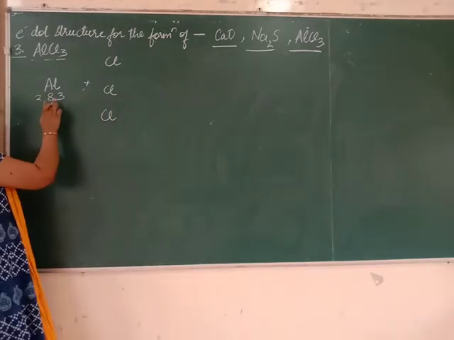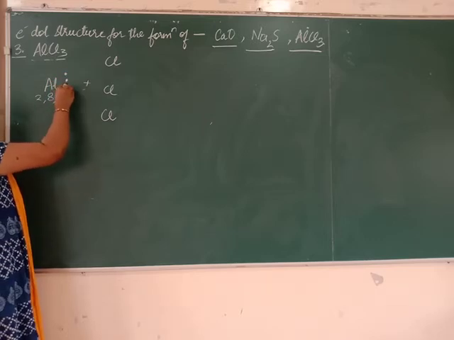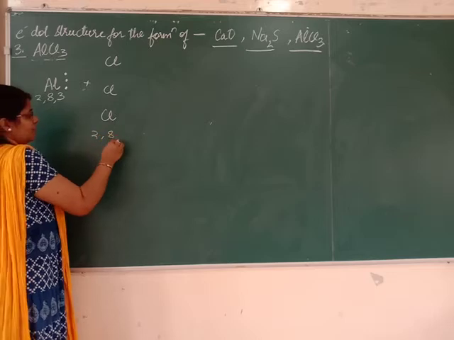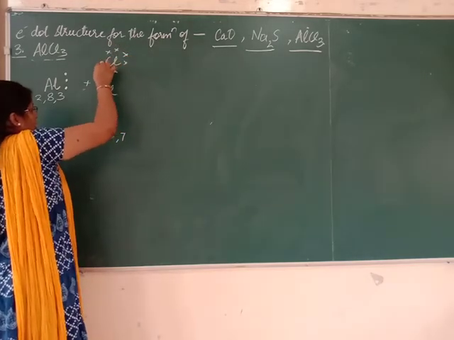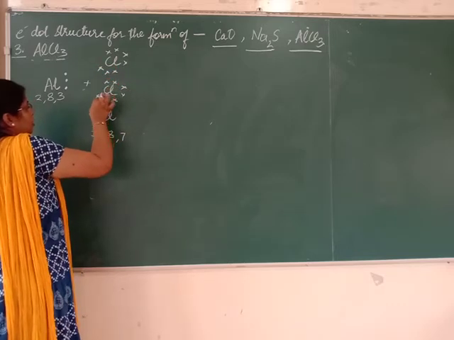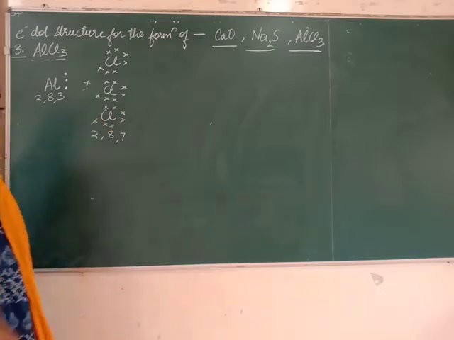Right? 3 electrons are present in the outermost shell. I am representing like this. Chlorine 2, 8, 7: 7 electrons each, with all 3 chlorine atoms in this manner.